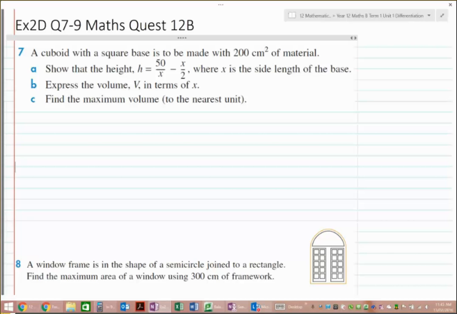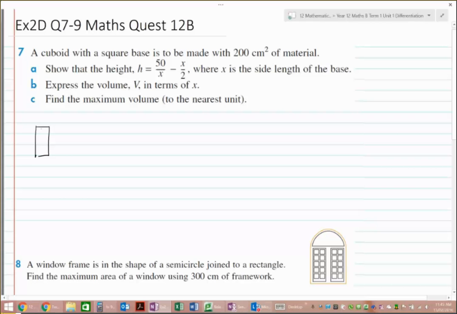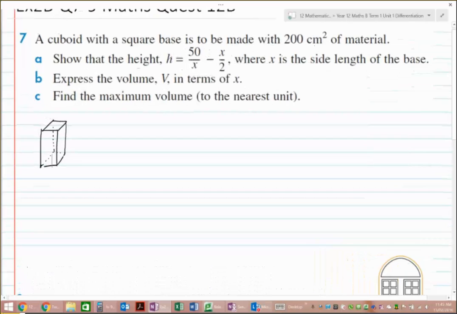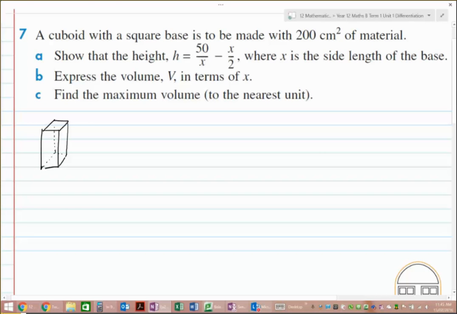Alright, so another sort of problem: a cuboid with square base is to be made with 200 centimeters squared of material. I'll draw a diagram for this one. The thing is basically a square-based prism. Yeah, that's my diagram.